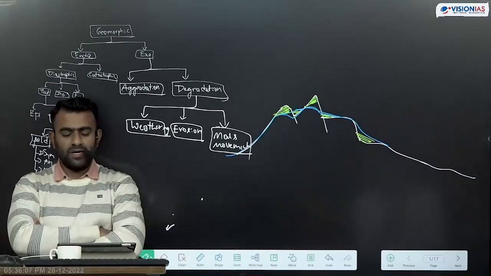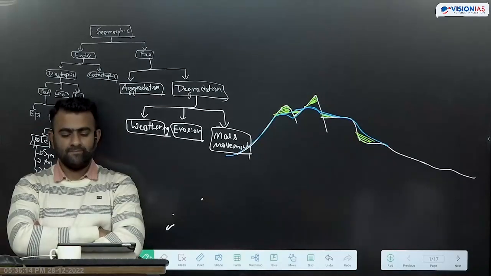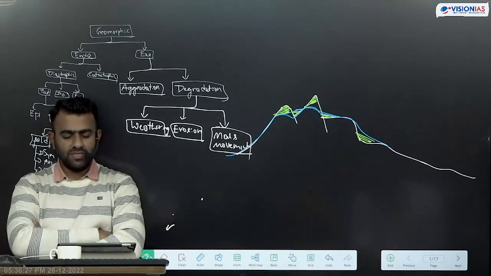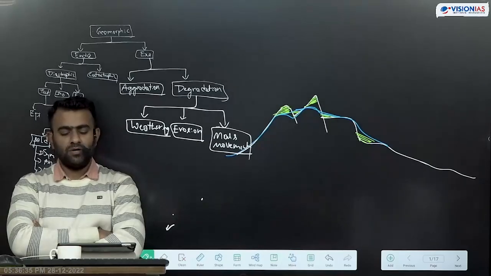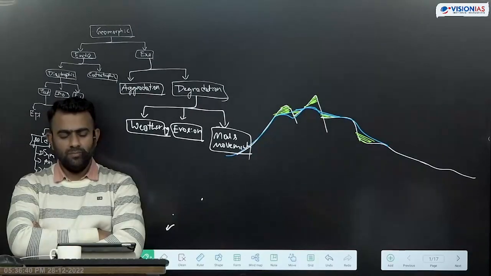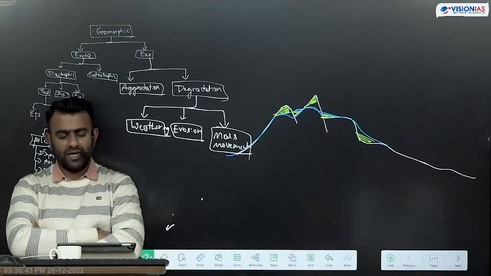Next paragraph. Aggradation is action of various processes that cause deposition on surface in order to bring uniformity of grade.